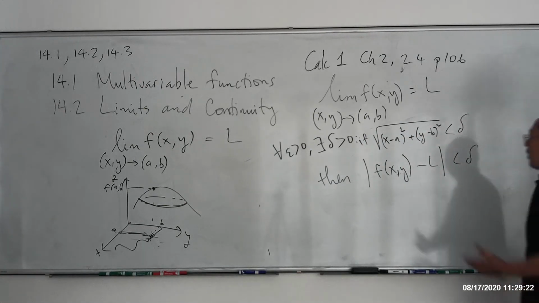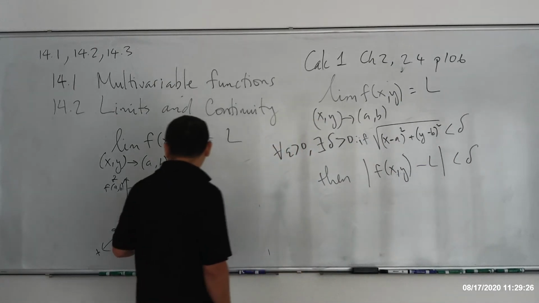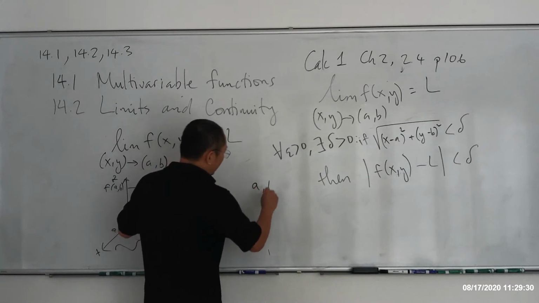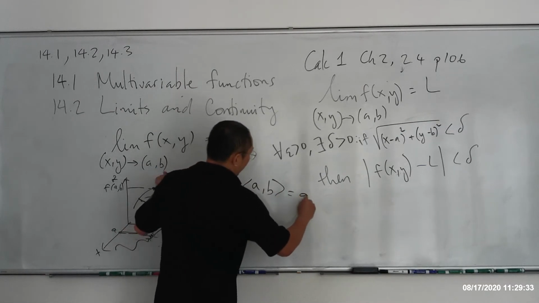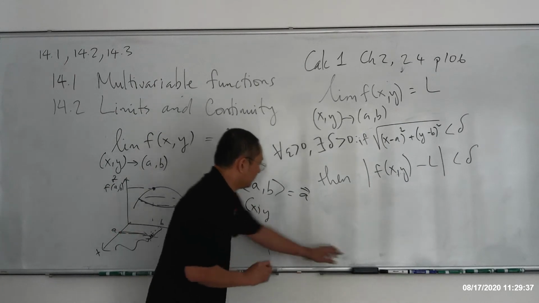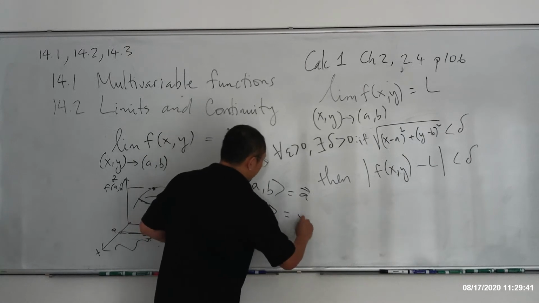And usually people don't write it this way because it's really inconvenient. We can use vectors. Think of it: (a, b) is like a vector a, for example, and (x, y) is like a vector x.